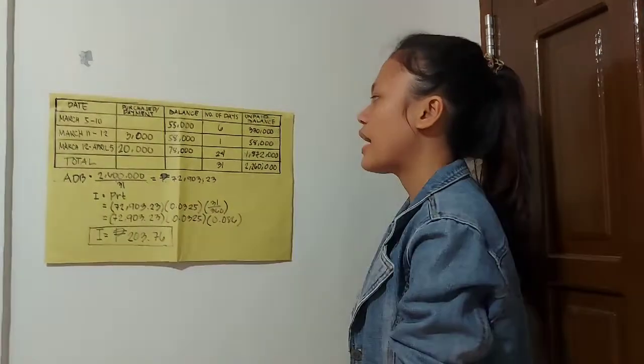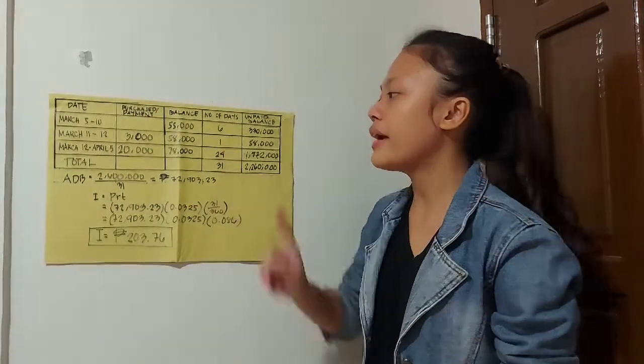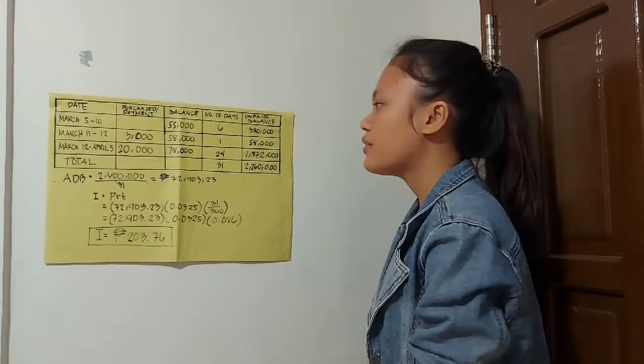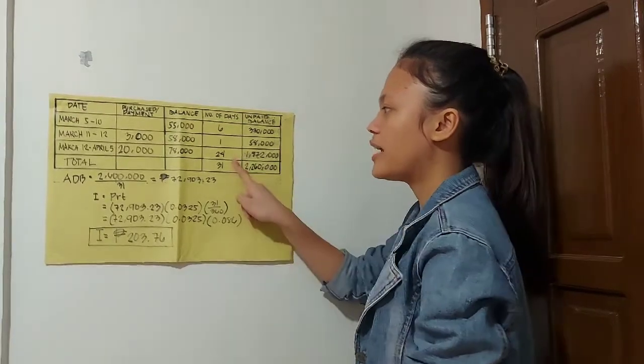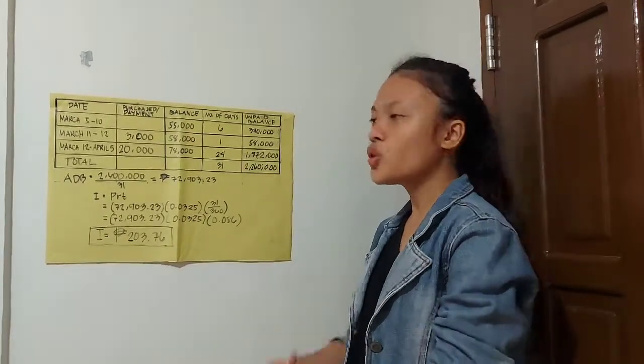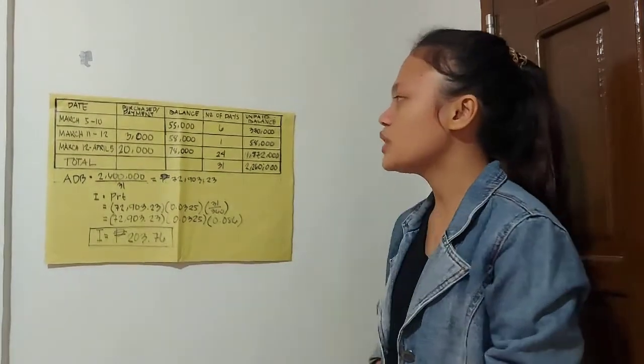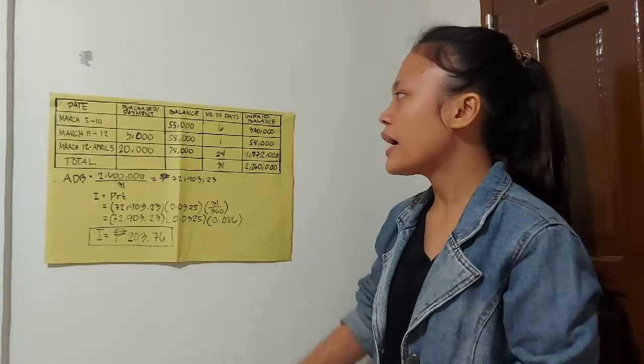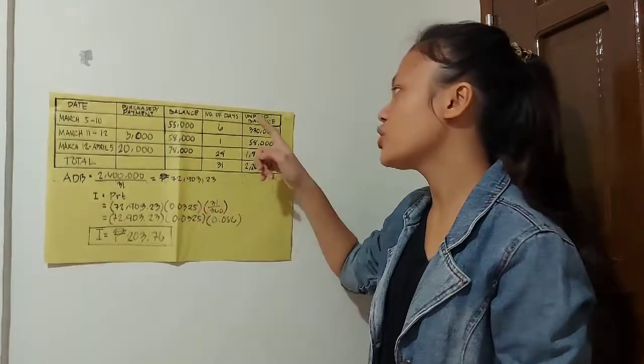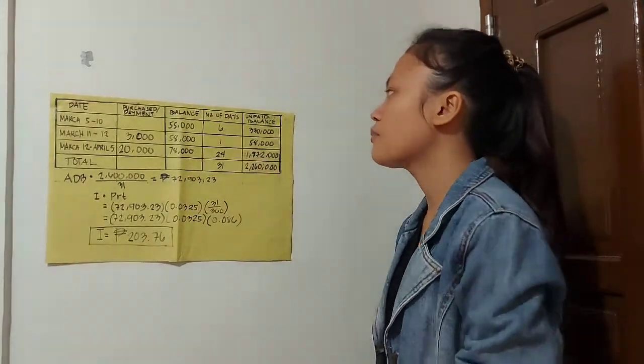Now, in the number of days, March 5 to 10 has a gap of 6 days, while March 11 to 12 has a gap of 1 day. March 12 to April 5 has a gap of 24 days. In total, 31. Now, in order for us to get the unpaid balance, we need to multiply the balances by the number of days.